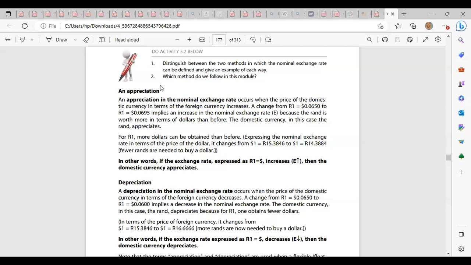When our currency strengthens, it basically means that 18.50 is going to go down, say, to 17 or 15. Let me see if I can put up a calculation on this, just to illustrate.